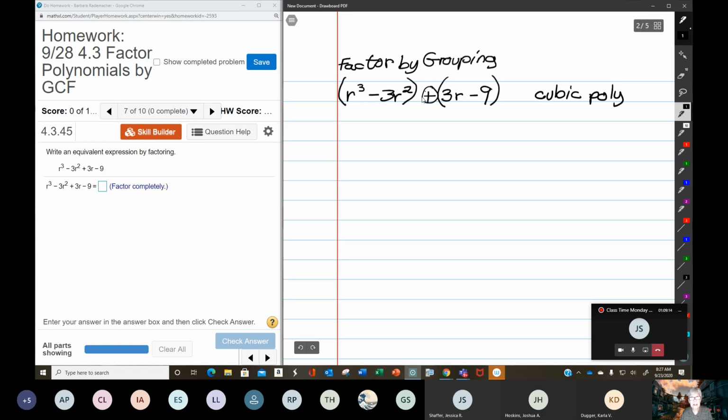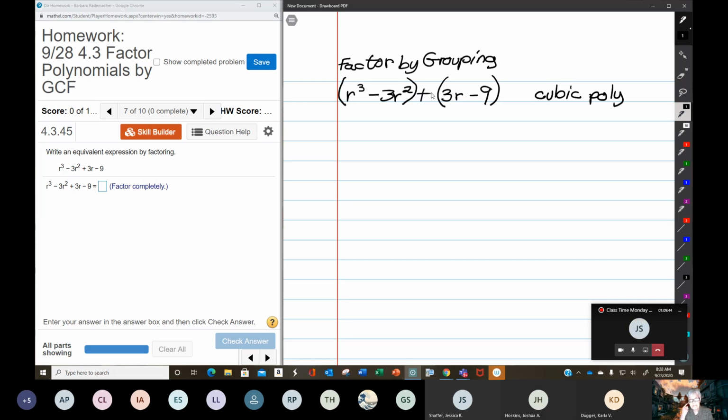Don't forget to write it, because if you did forget to write it, you would naturally assume that you were supposed to be multiplying those, and you would get the wrong answer. So always put a plus sign there.